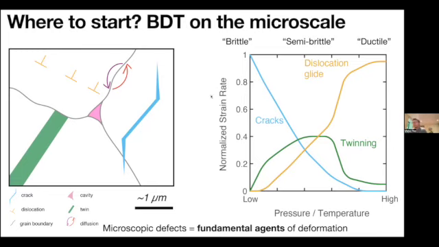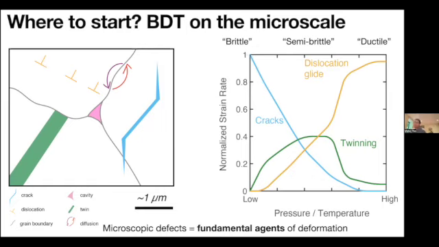So here is a hypothetical evolution of how the defect activity in a hypothetical rock could evolve from a low pressure and low temperature to a high pressure and high temperature. And here we have how much of these individual defects are taking up the strain rate.